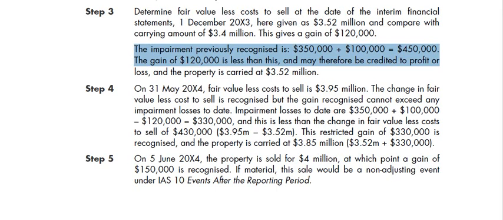You had debited P&L with impairment of 450, so you'd credit profit and loss with 450. And then you pass the gain. I asked you earlier on, how do you treat the gain?